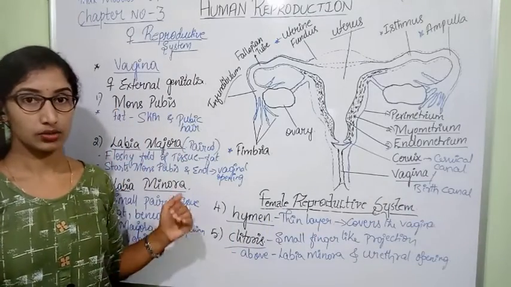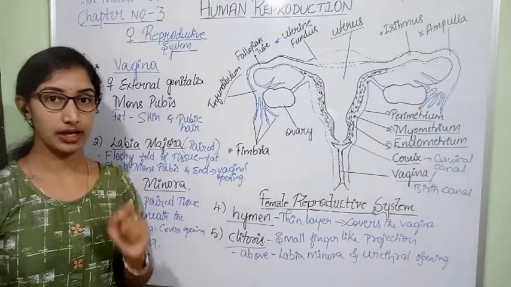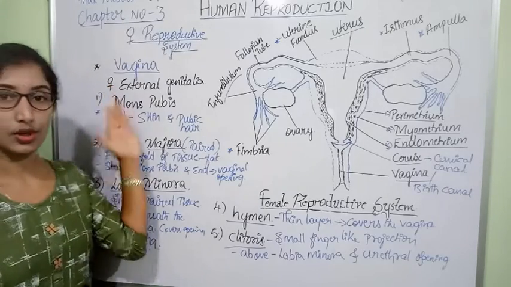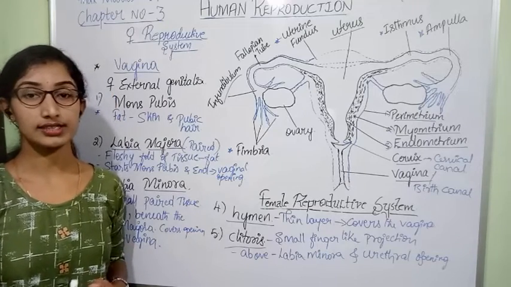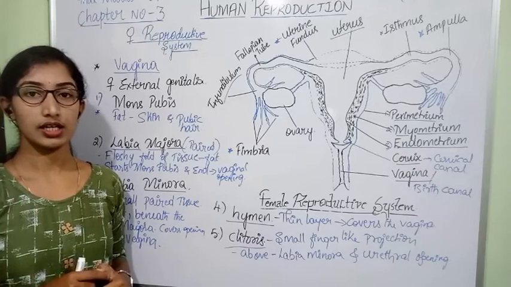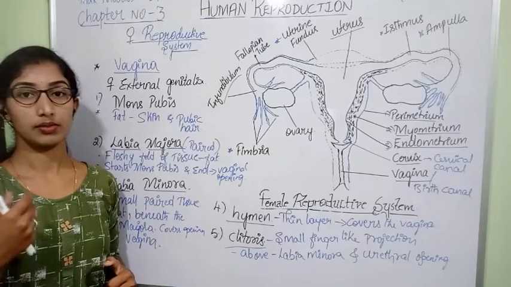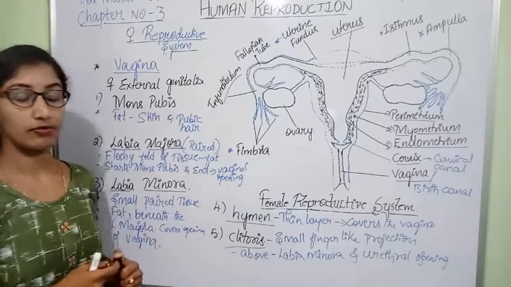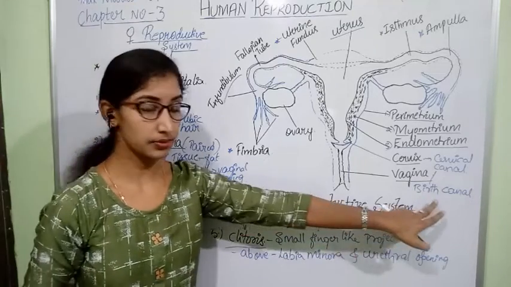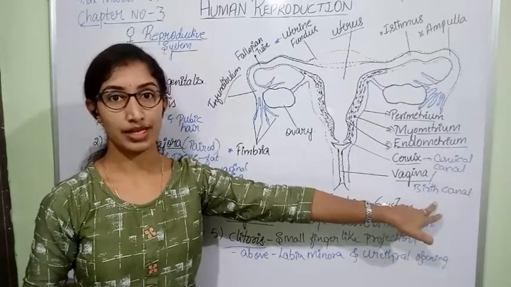Let us recall what we had discussed. The vagina is the last part of the female reproductive system, which is also considered the female external genitalia. The vagina is also called the birth canal because it acts as a birth canal during the time of parturition.